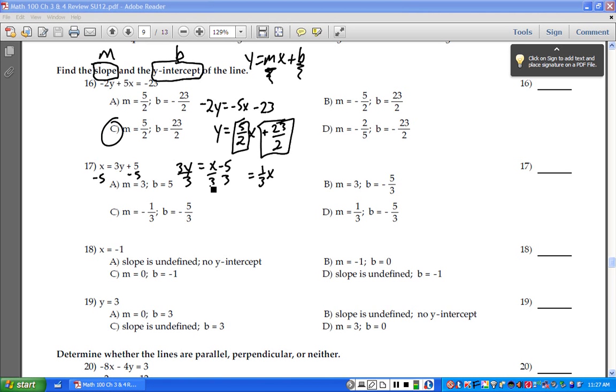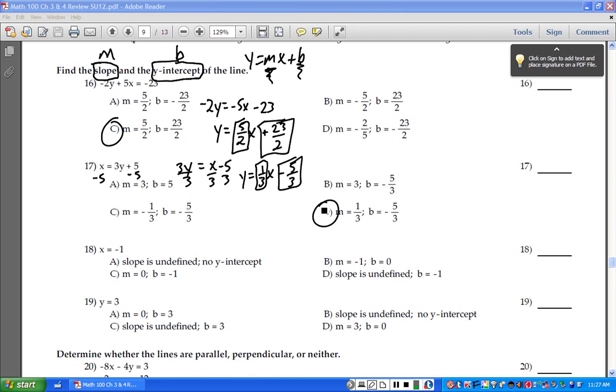So y equals 1/3 x minus 5 over 3. So my slope and my y-intercept, my m and my b: my slope is 1/3 for 17, and my y-intercept is negative 5 over 3. 1/3, negative 5 over 3. Answer is D for 17.